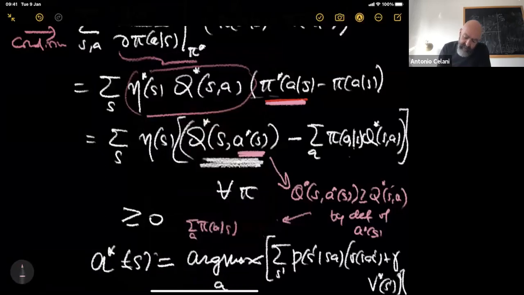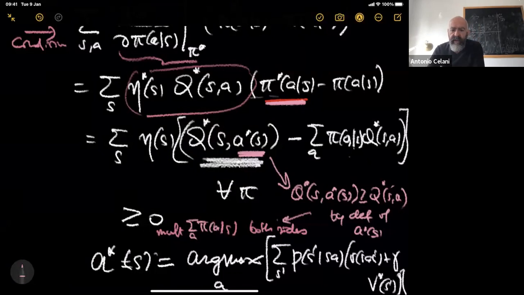If I multiply this by both sides, what do I have? On the left-hand side, I have the sum over the probabilities of the policy, which gives 1. And on the right-hand side, I get this thing here.